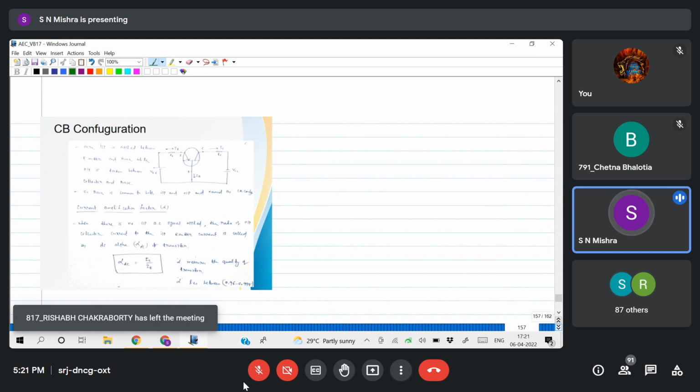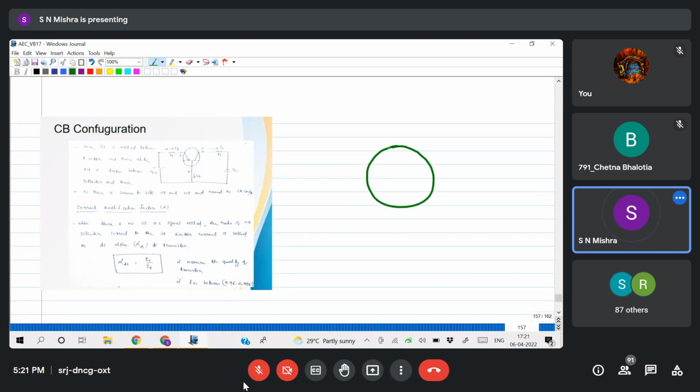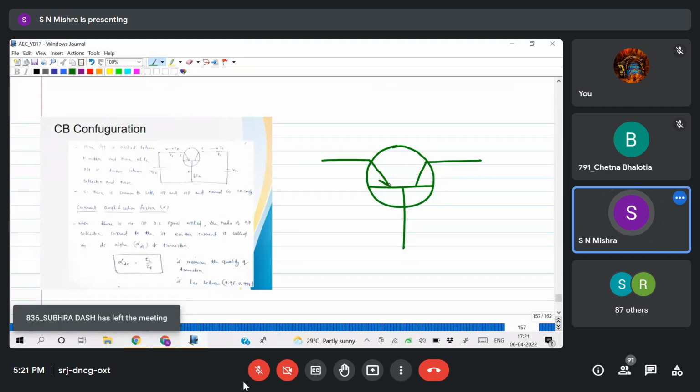So for the common base configuration, first you draw the transistor such that the base terminal is at the bottom side, right? Then emitter, collector. For simplicity, I am taking a PNP transistor. This is my emitter, this is collector, this is base.